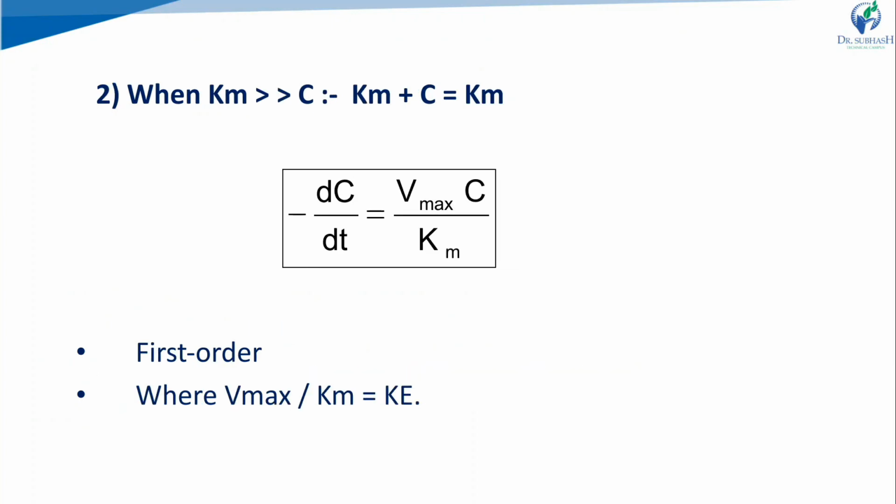The second possibility is when Km is greater than C. So Km plus C is equal to Km, and the equation becomes dC/dt is equal to Vmax into C upon Km.